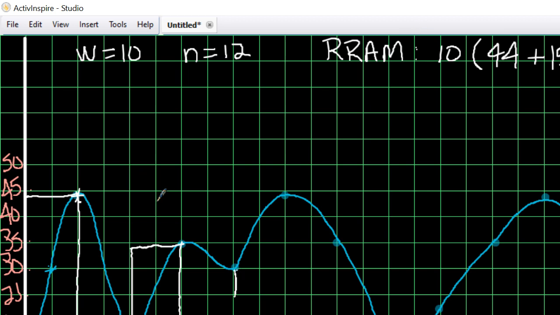And so, in fact, it is all of the points. So then I would have 30 and 44 and 35 and 15 and 22 and 35. And do y'all need me to keep drawing the rectangles?